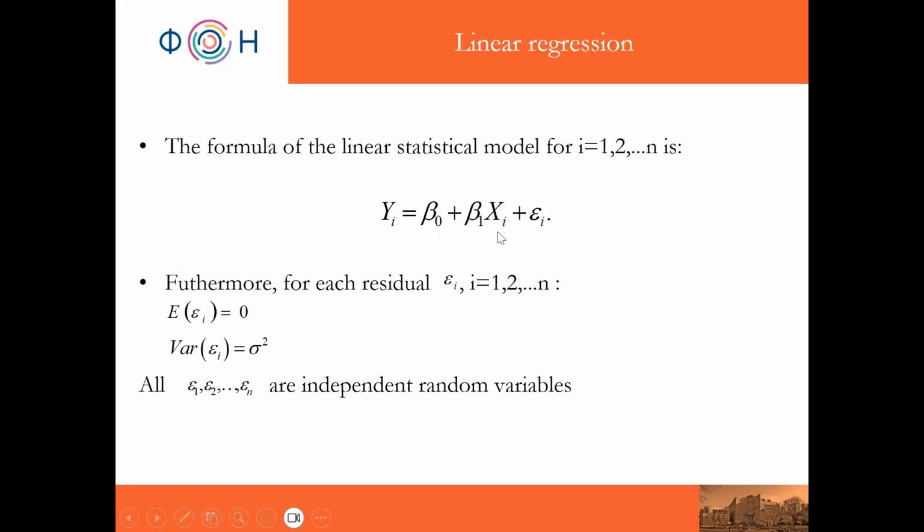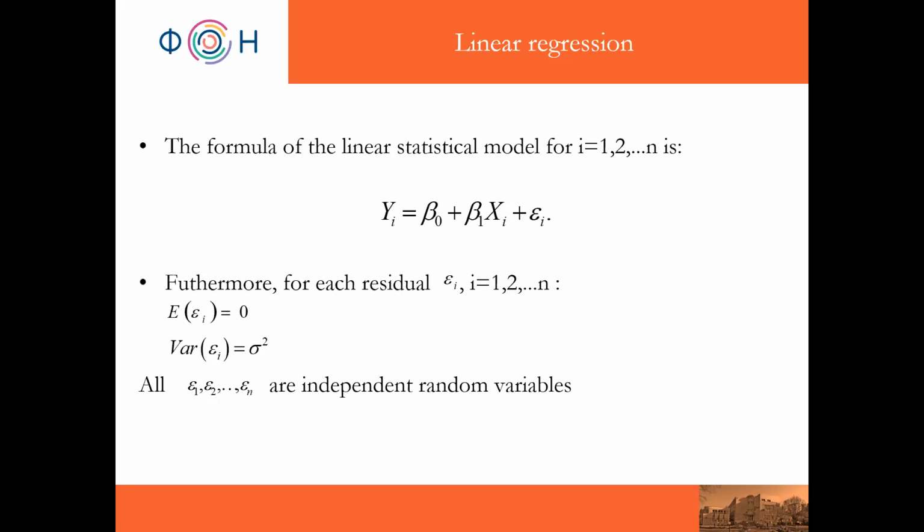X i is our independent variable, the variable which we are using to model our dependent one. Beta 1 is an important coefficient, which is called the slope.